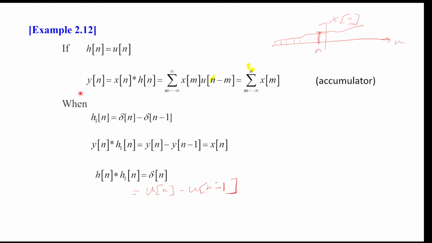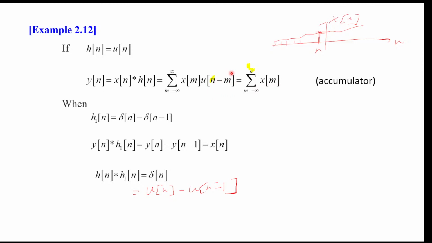Then we can write down y of n by writing the convolution sum, summation over m from minus infinity to infinity. We just change k to m for no good reason. We are summing over m here, and we have h of n minus m.